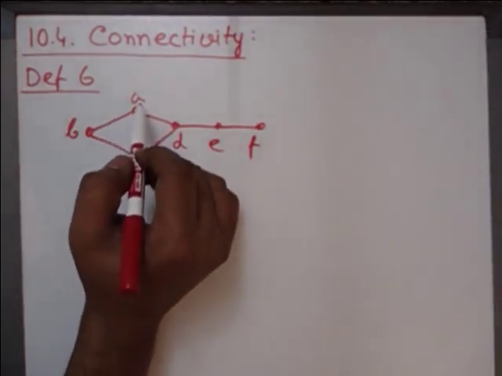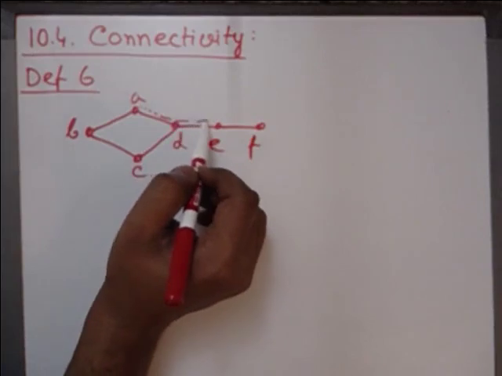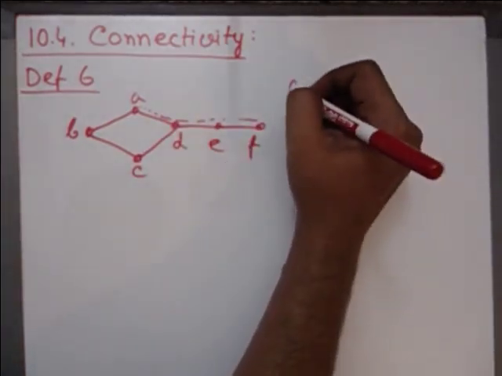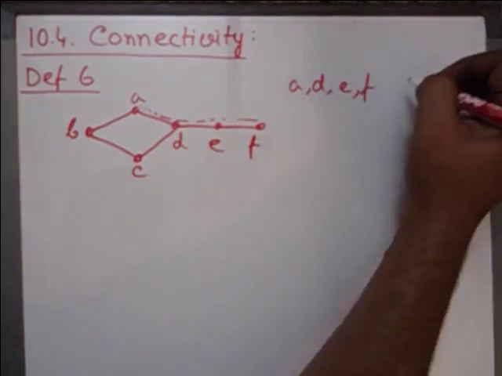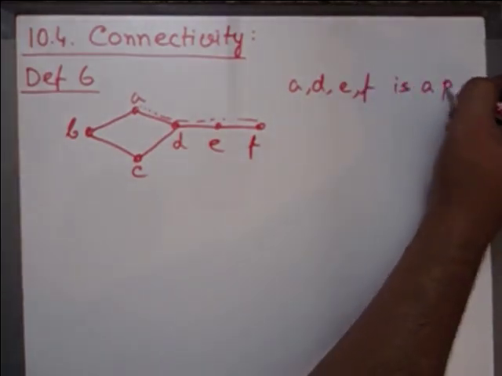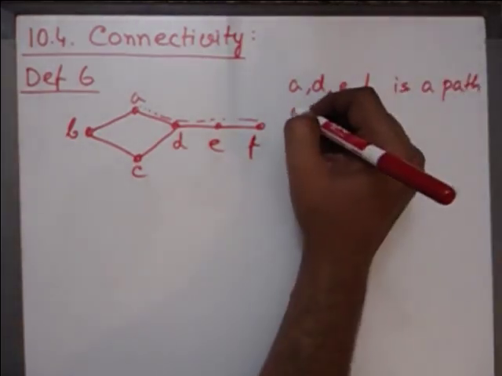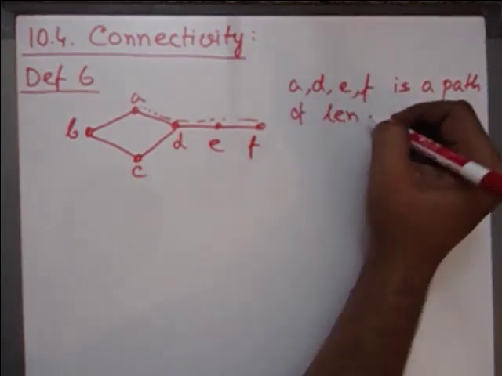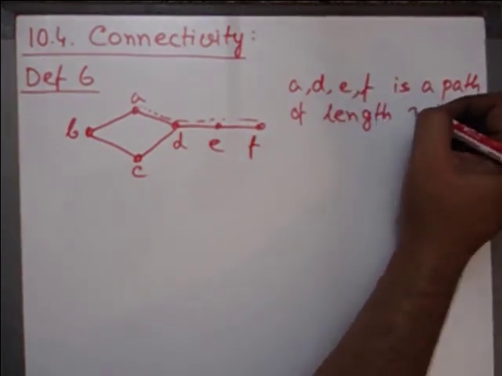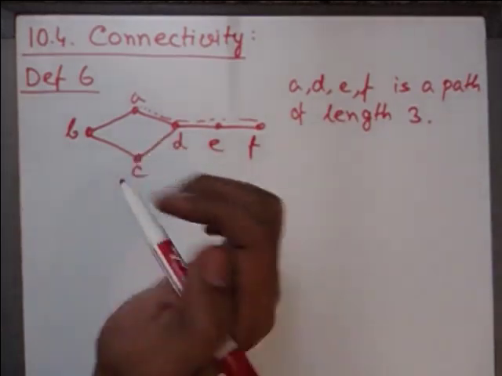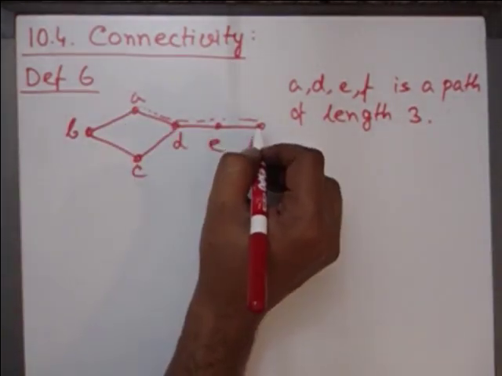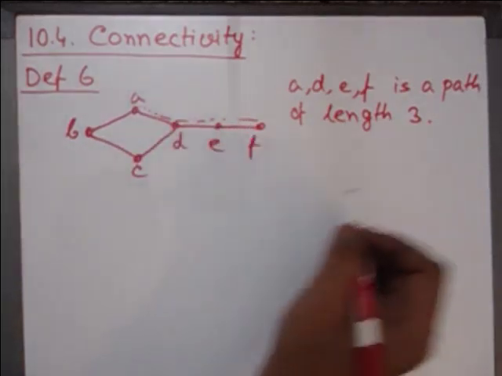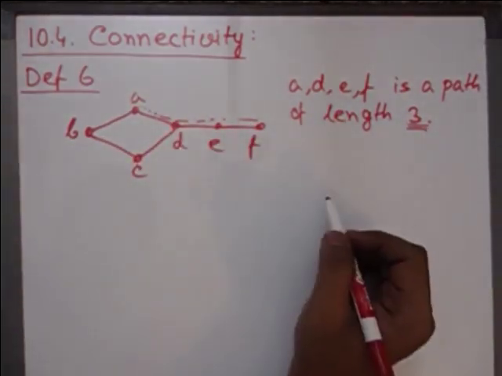So this would be a path of length 3. A, D, E, F is a path of length 3. There are 4 vertices and 3 edges, so length 3.